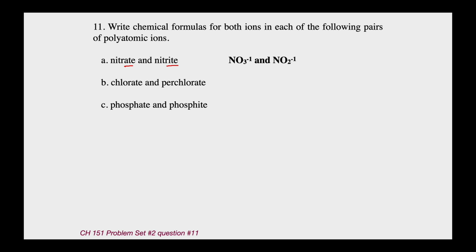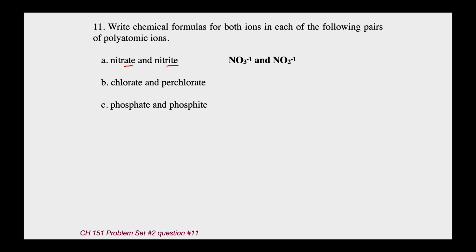ATE and ITE will mean oxygen, but figuring out the numbers of oxygens is something you've got to figure out. And then the negative one is also cool. Now, nitrite, ITE, has fewer oxygens than ATE. So you can see how ATE has one more oxygen than ITE. All right, that's another kind of a relative trick you can use as well.